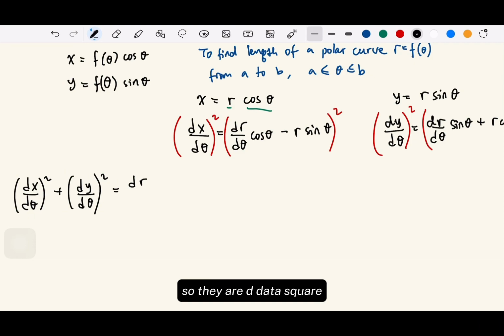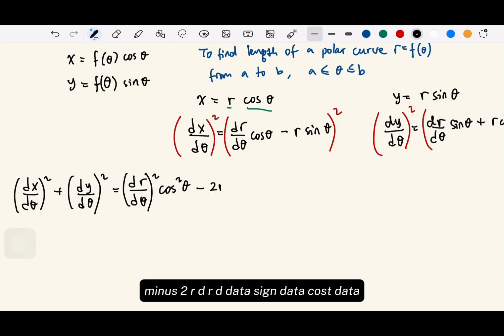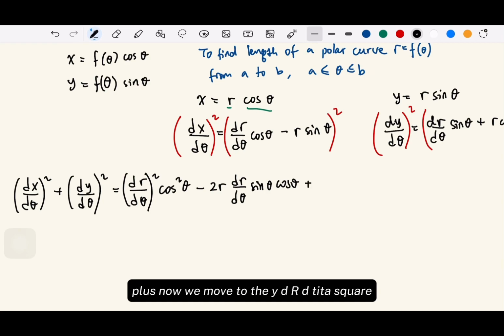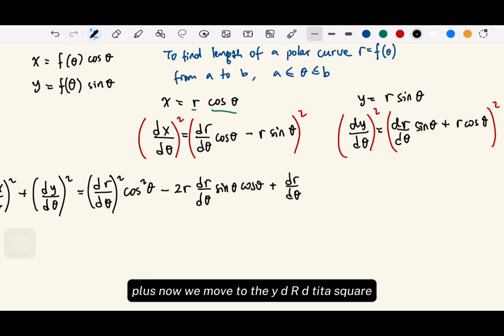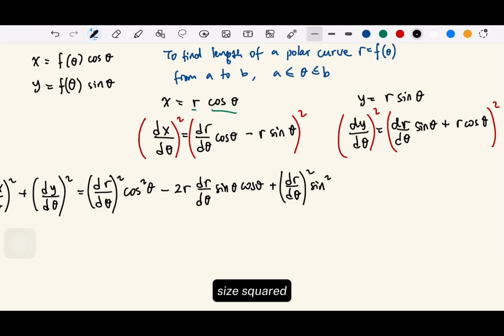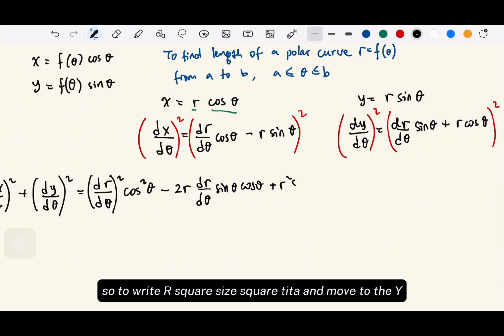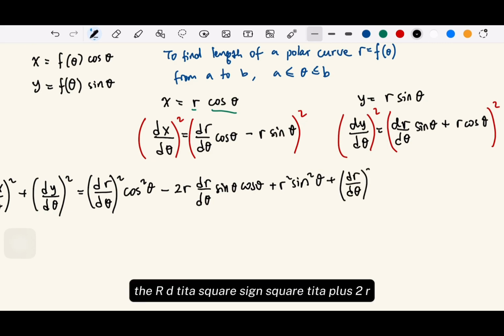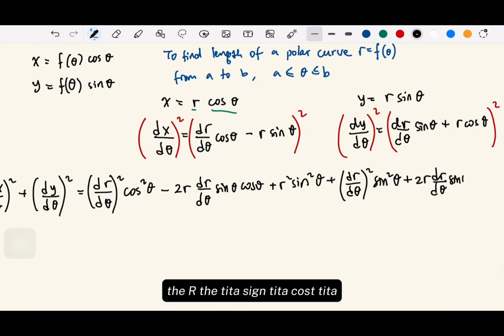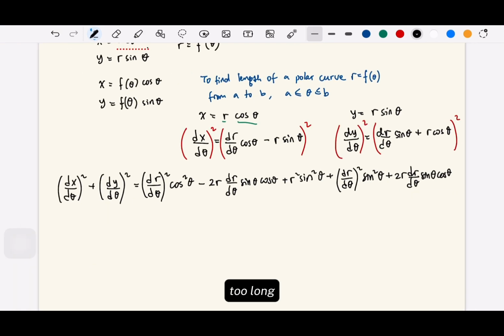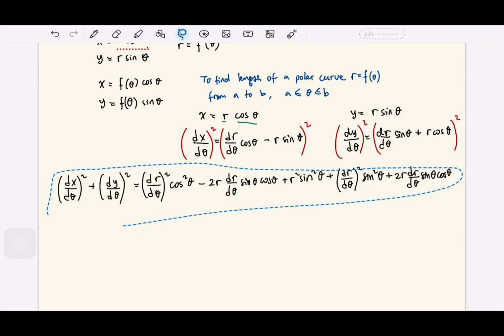So dr d theta squared cosine squared theta minus 2r dr d theta sine theta cos theta plus, now we move to dy, so we need to write r squared sine squared theta, and then move to the y, dr d theta squared sine squared theta plus 2r dr d theta sine theta cos theta. Oh, too long. Let's make it smaller.